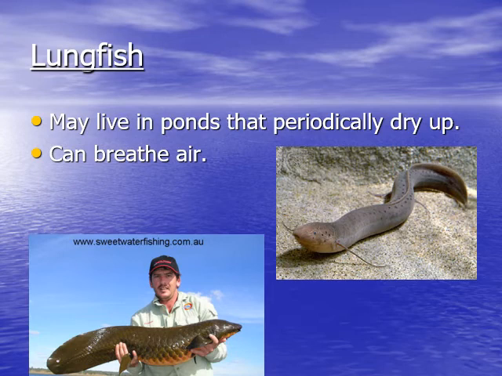They're not going to be able to live on land for a really, really long time, but they will be able to move to other areas where they might find water to dive into and live in again. Or if it really dries up, they can burrow themselves way deep down into the soil where there's still some mud and kind of be in that wet area for a long period of time.